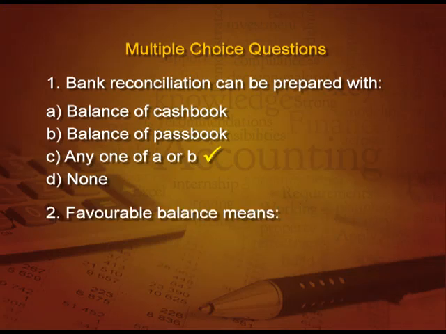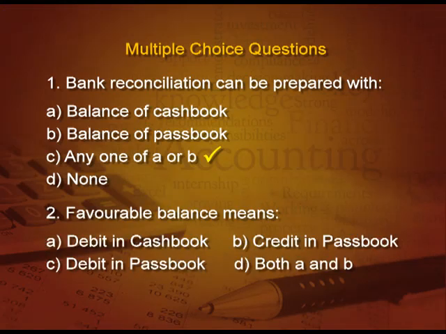Next question, favorable balance means debit in cash book or credit in passbook, or debit in passbook, or both A and B? Yes, it is both A and B, because debit in cash book is also favorable, credit in passbook is also favorable. So, both A and B is the answer.